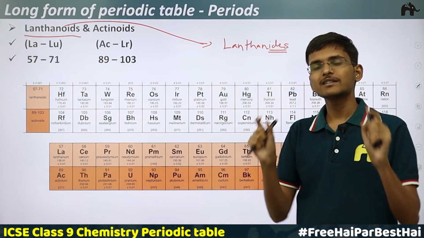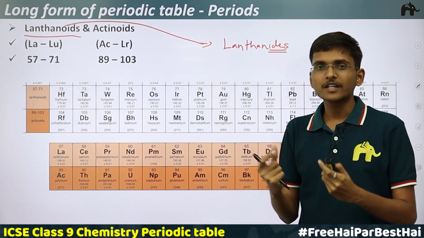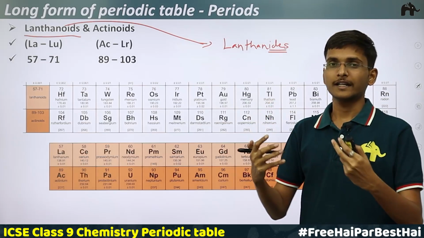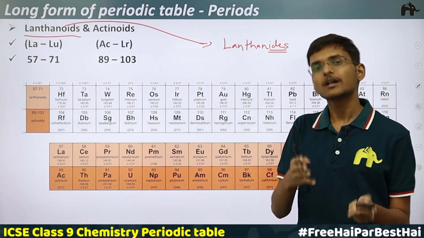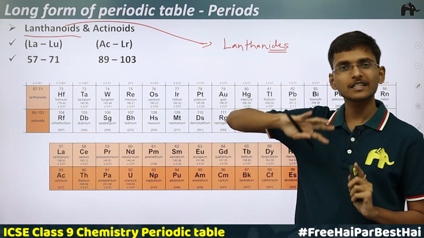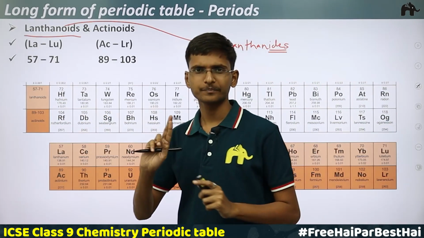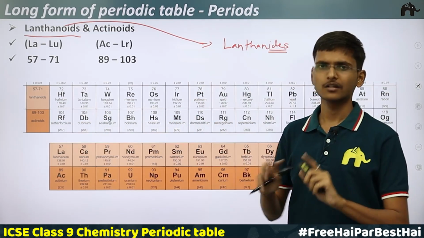That's why IUPAC is a body of chemistry which tells us the modifications or updates, like you have updates in your mobile apps. So that body has told us not to use the word lanthanide for these 15 elements placed here. Instead use lanthanoids.